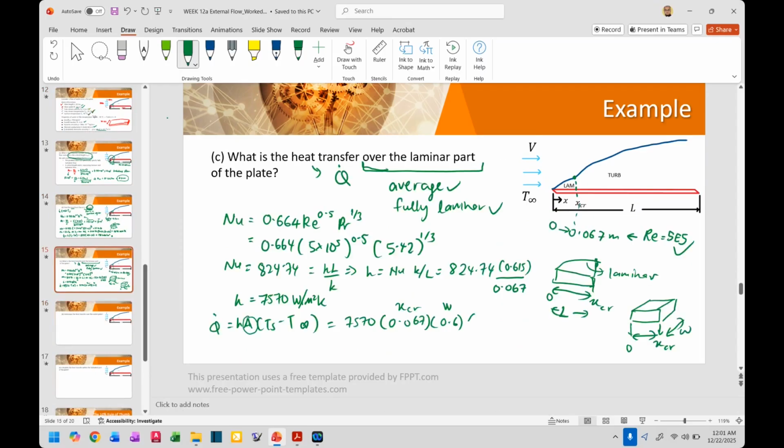And then you just multiply. Ts, the surface temperature, is 40, and the free stream temperature is 20. Now that will turn out to be approximately 6086 watt. All right, that's for question C.